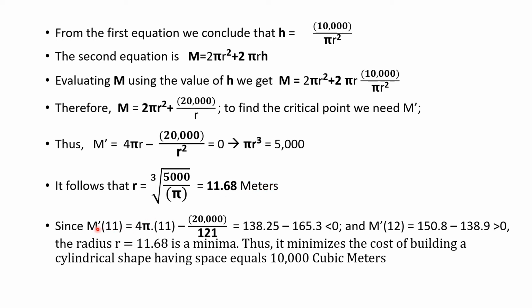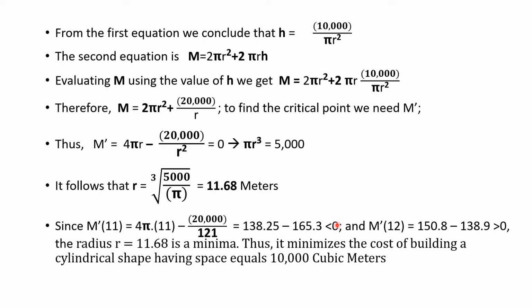Since M prime evaluated at 11 is going to give us 4 times pi times the value of r, which is 11, minus 20,000 over the value of r square, which is 121, is going to give us 138.25 minus 165.3, and that is negative.